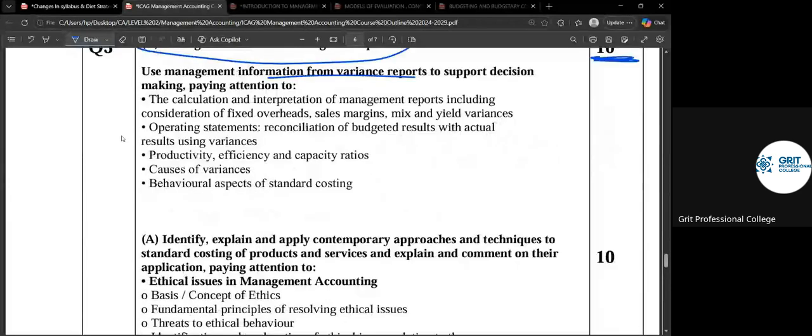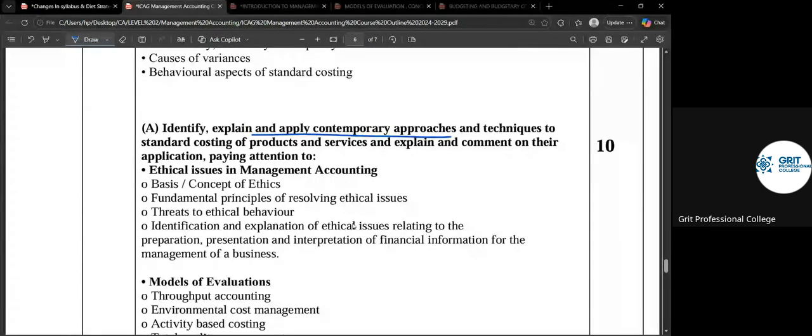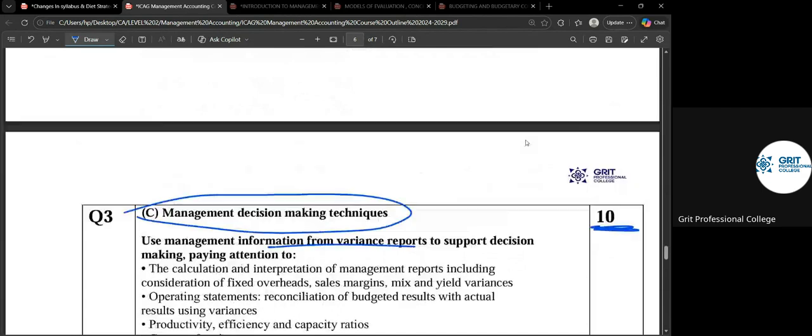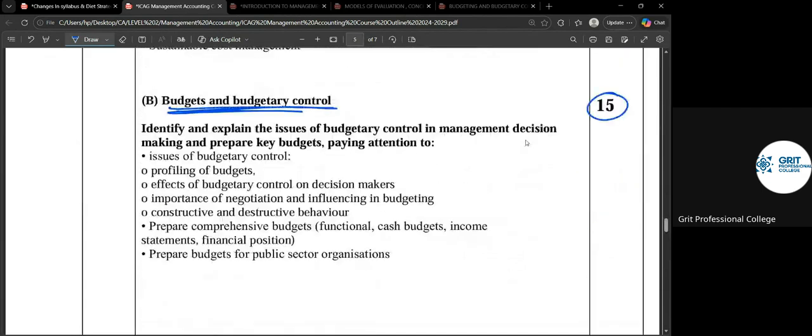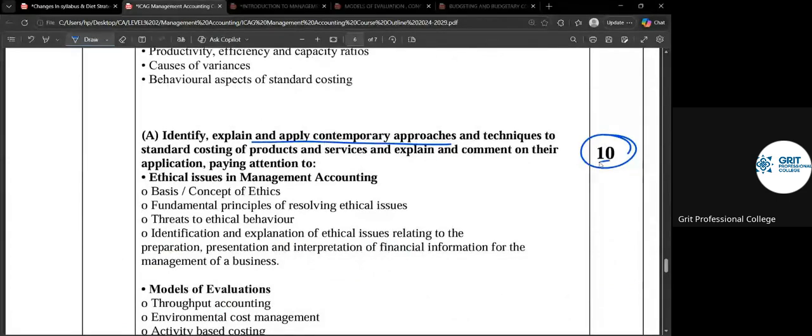When we come to question 3, the other part also has to do with the contemporary approaches in MA, and the examiner is going to test you for 10 marks. So remember, we have some contemporary approaches in question 2 for 5 marks, and then in question 3 you are seeing something of that sort for 10 marks. So at the end of the day, when we are treating the issues under the contemporary approaches in MA, you know that you're going to get 15 marks from there.